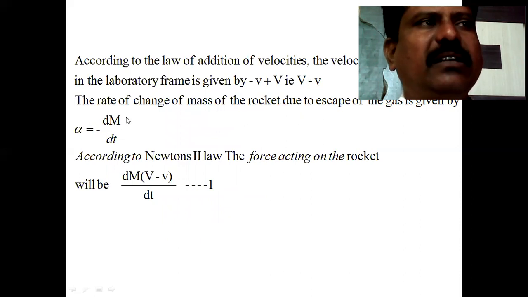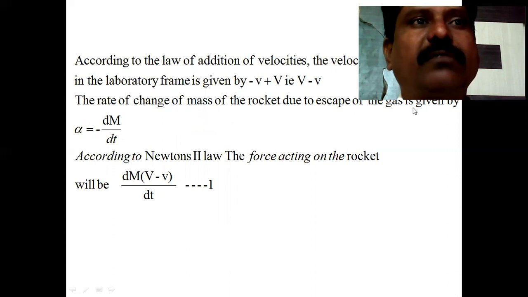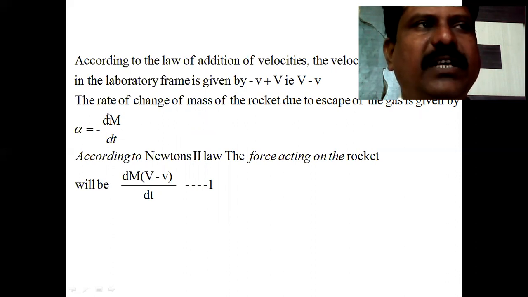Then, the rate of change of mass of the rocket due to the escape of that gas, the change in the mass of the rocket due to the escape of the hot gases at the bottom, is designated by the symbol alpha, which equals minus dm by dt.